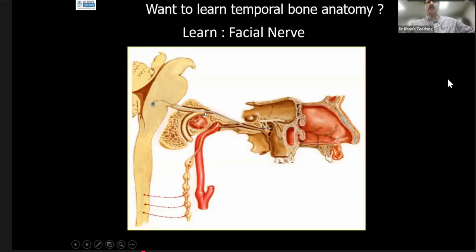One branch of interest goes anteriorly from the geniculate ganglion, and this is the greater superficial petrosal nerve. It controls the lacrimation, and it also supplies the sublingual and submandibular glands.